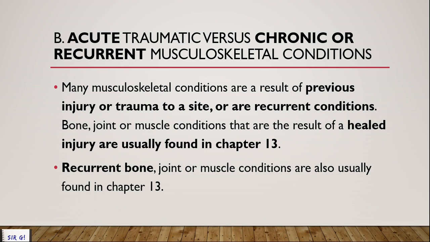So when we are talking about injury or traumatic fractures, we will code those cases later on in your chapter 19, which is your injury or your acute traumatic fracture. Now, your chronic or recurrent musculoskeletal condition is coded under your chapter 13.